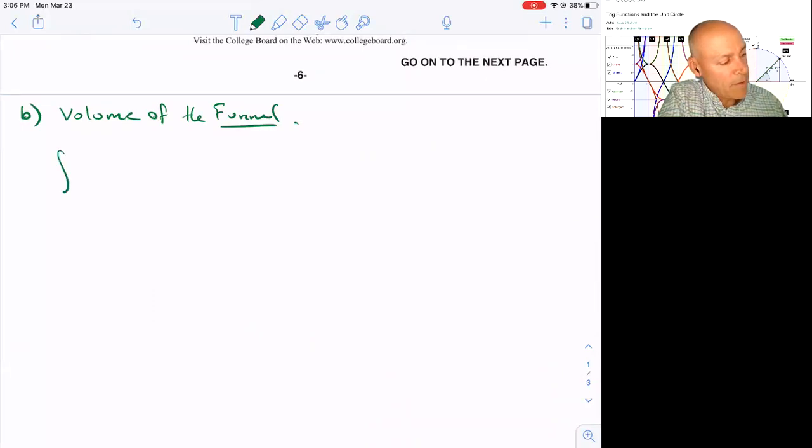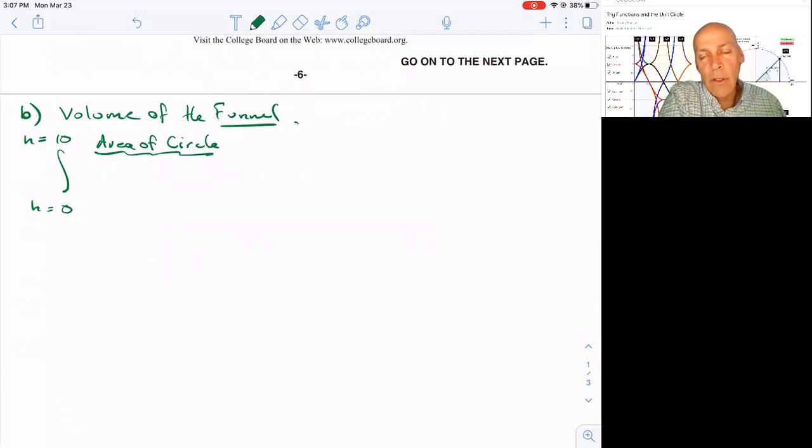Okay, so it's going to be the definite integral, and we're going to have h equals 0, h equals 10, and then our integrand here is the area of our cross section, which is going to be circles. I'm sorry, I think I misspoke earlier. The area of our circle is pi r squared.